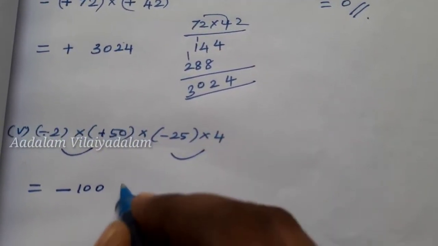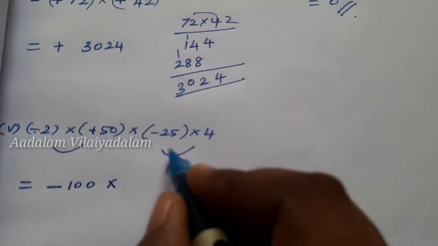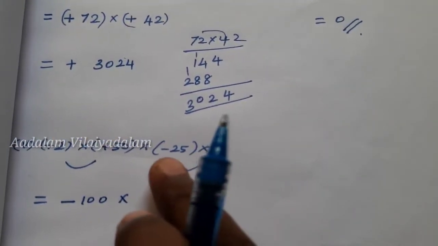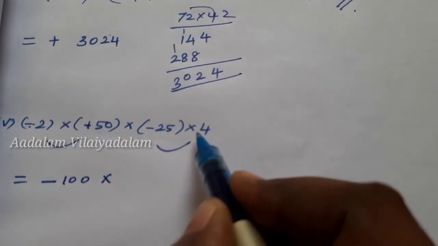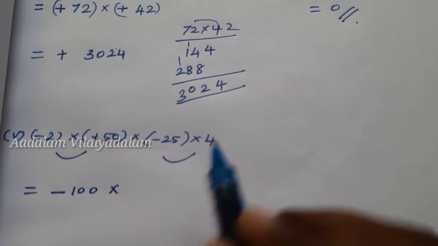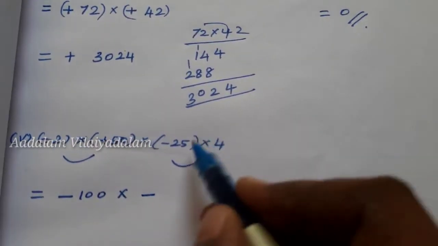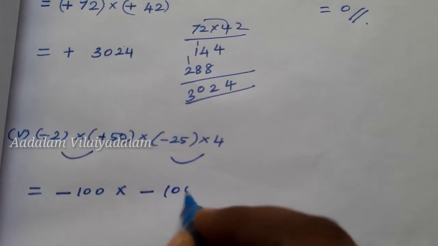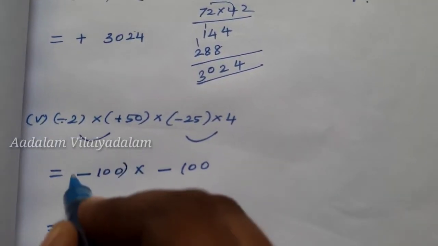What is the next sign? Multiplication. Then again let us multiply these 2 integers. Here what is the sign? Minus, and here no sign is given, therefore it is considered as plus. Then minus into plus is minus, and 25 4s are 100. Then let's come here.